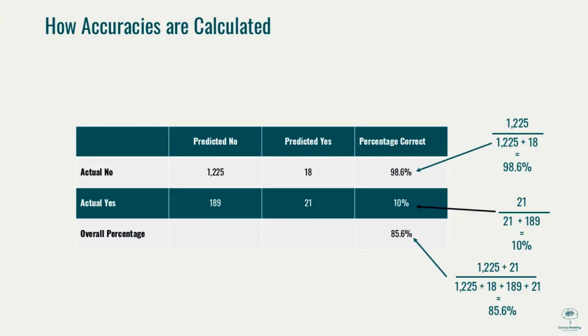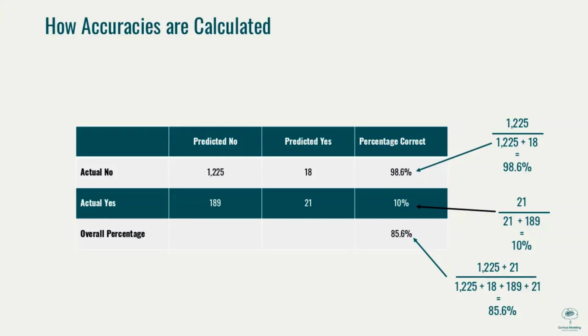So what it's telling us is how good we are at predicting those that actually were not on probation. But then when we take the percent correct on the predicted yes against the actual yes, we have 21 divided by 21 plus 189, telling us we only got 10% correct.